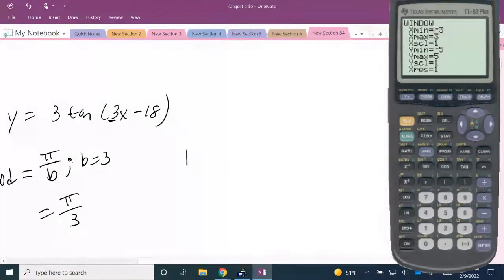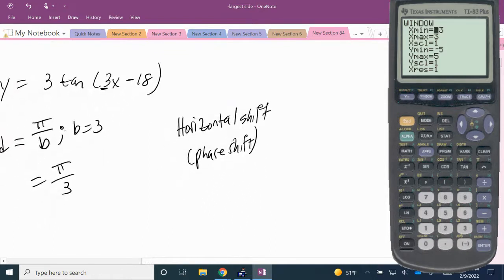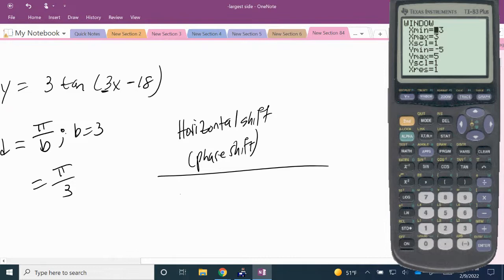We're also asked to find the horizontal or phase shift. So that horizontal phase shift is going to equal negative c over b.